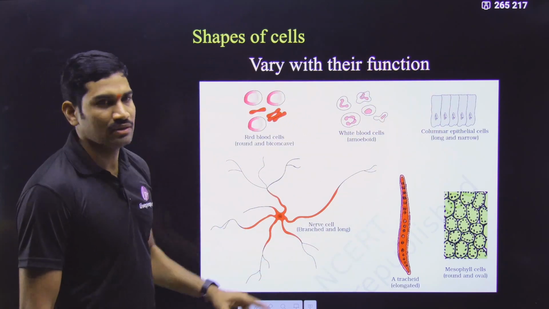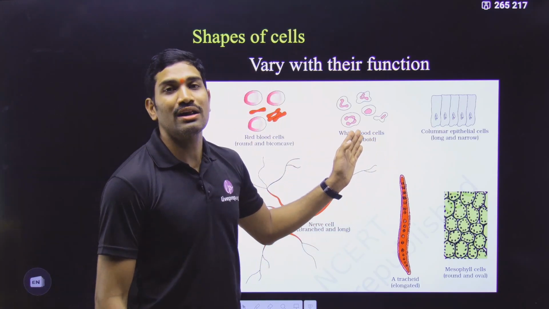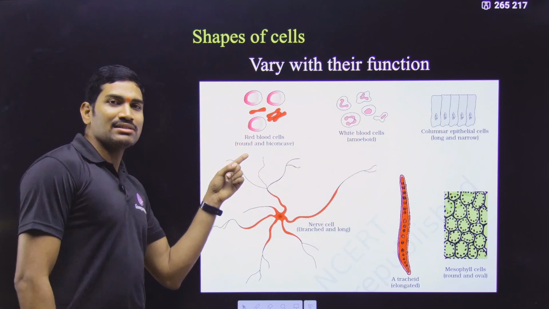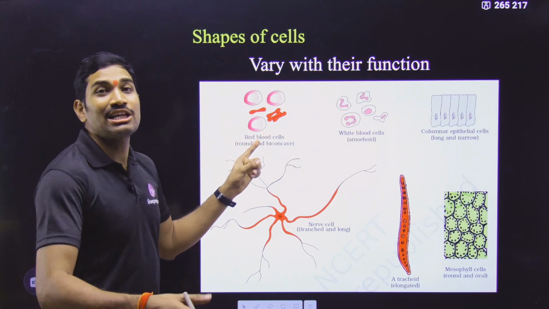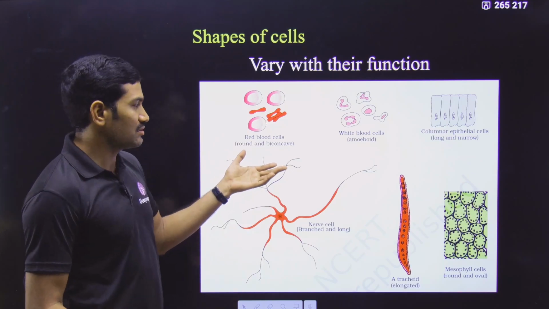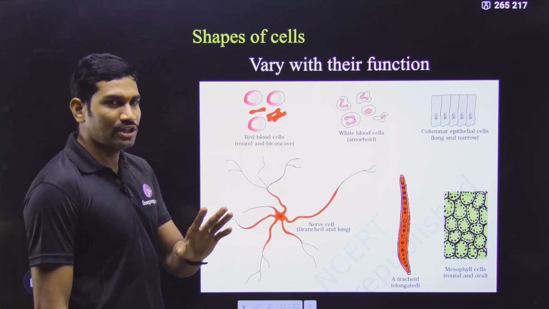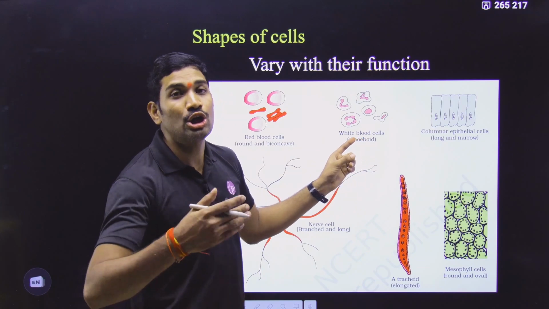With this, that is over. Next one is regarding WBC, white blood cells. These are also called leukocytes. Red blood cells, short form RBC, are also called erythrocytes, and they are round and biconcave in human. WBC, white blood cells, are also called leukocytes.